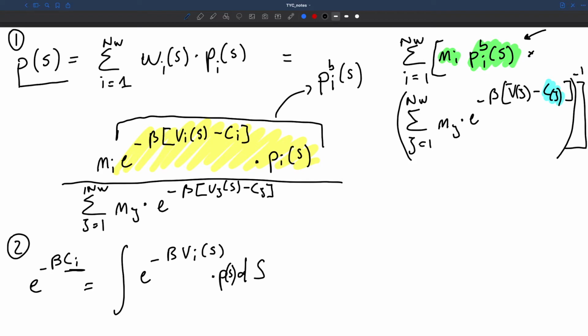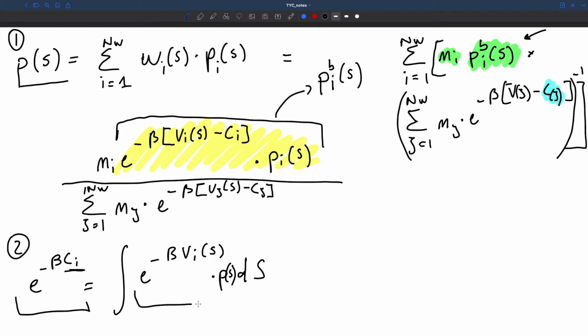Then from this expression we compute a global P of s, which will be incorrect, but then will be used to provide a first estimate of the constants that will be then plugged again in this expression, and these two sets of equations will be solved iteratively.